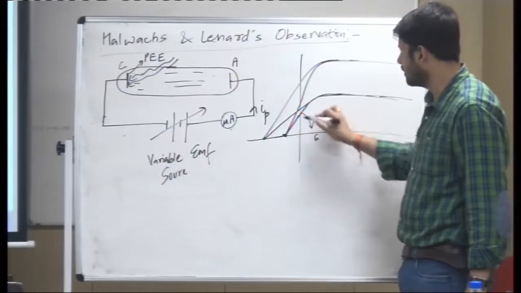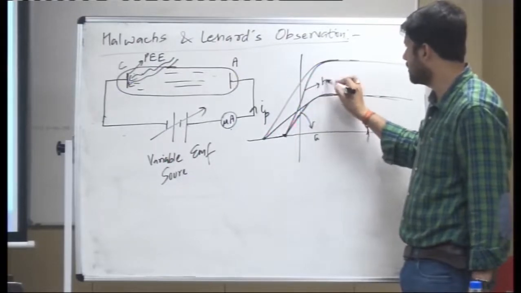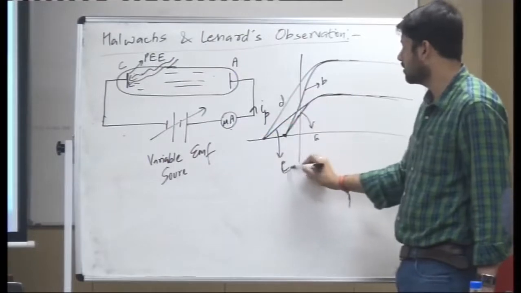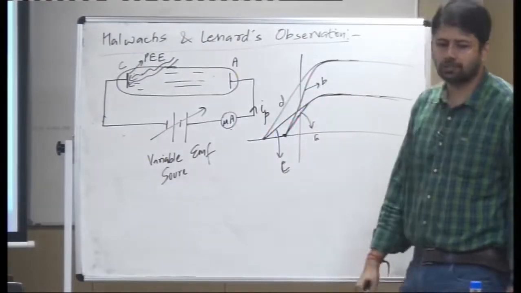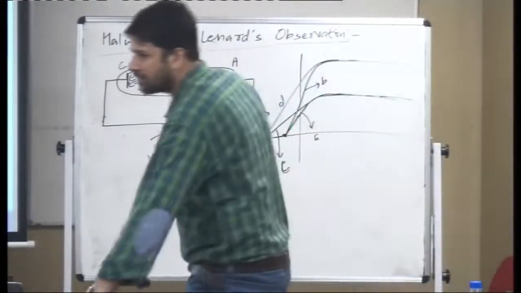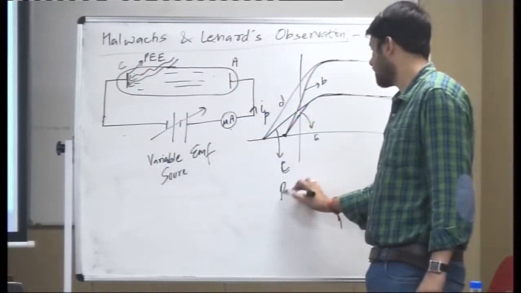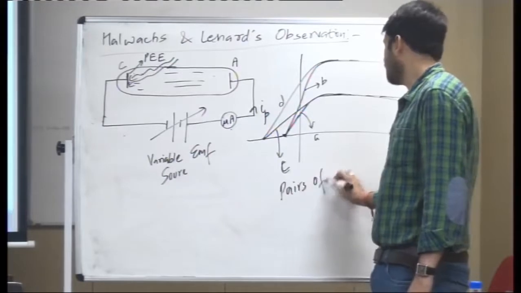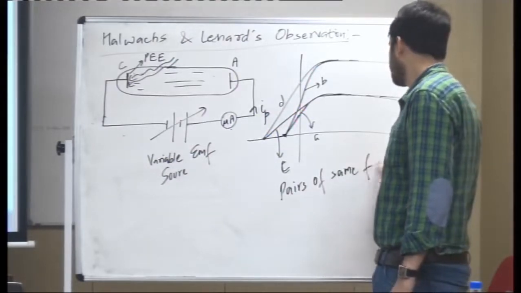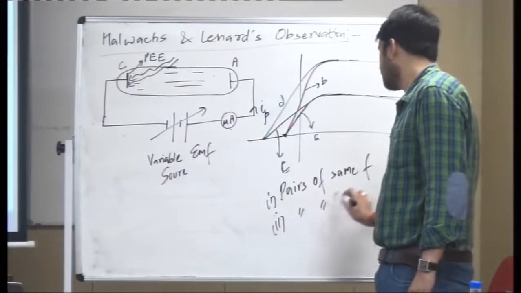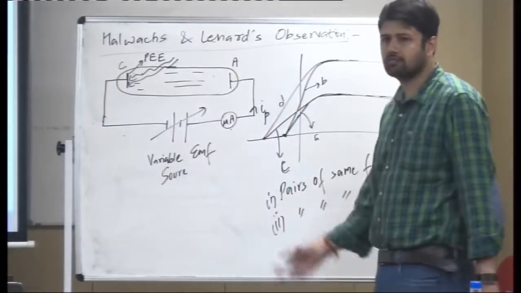This is A, this is B, this is C, and this is D. You have to pick pairs which have same frequency and pairs which have same intensity. Pairs of same frequency, first part, pairs of same intensity. Tell me.